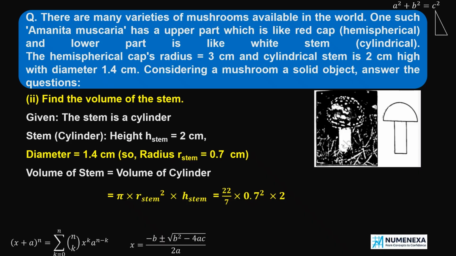Now substituting the values, pi as 22/7, r stem is 0.7 square and height is 2, and on calculation and simplification we get the volume of the stem as 3.08 centimeter cube.